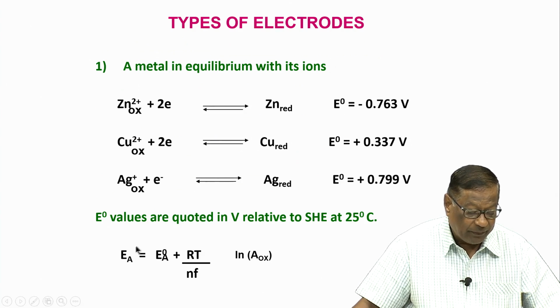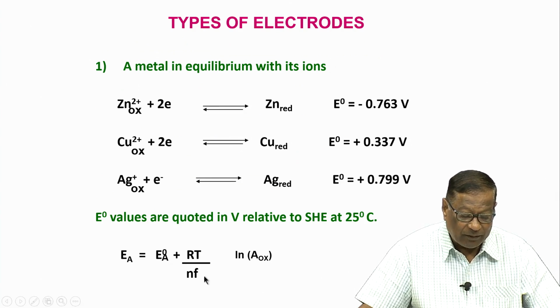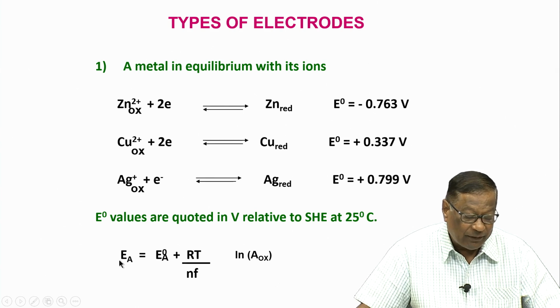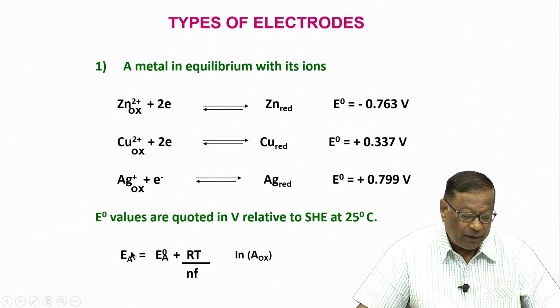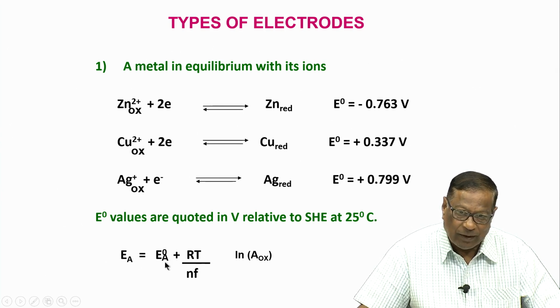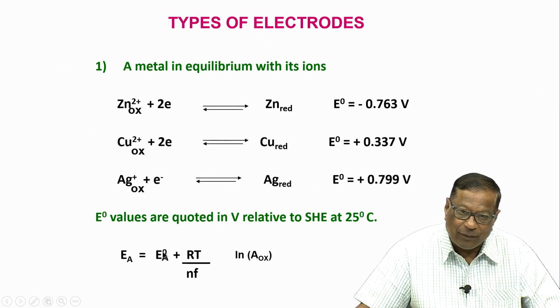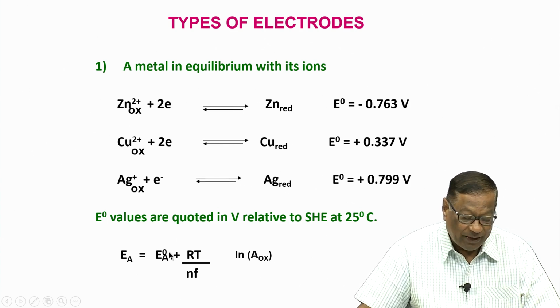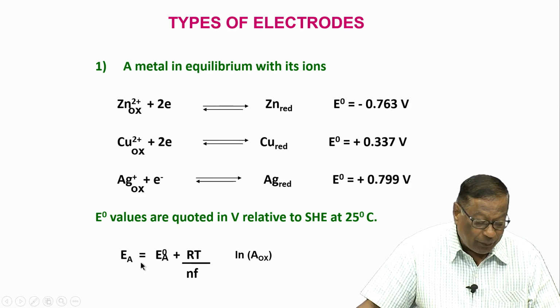Here E_A is equal to E naught A plus RT/nF ln a oxidant. For any reaction, assume that this is for the electrode, zinc and Zn2+ electrode, I write E naught Zn by Zn2+. This is constant with respect to standard electrode potential with respect to SHE.